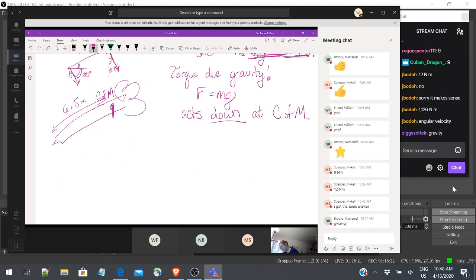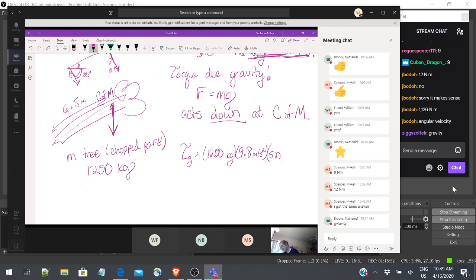And let's say our mass of the tree, chopped part, is 1,200 kilograms. So we would have a torque due to gravity that is equal to mass times gravity times the sine of our angle. So if this is 45 degrees, then this is 45 degrees.